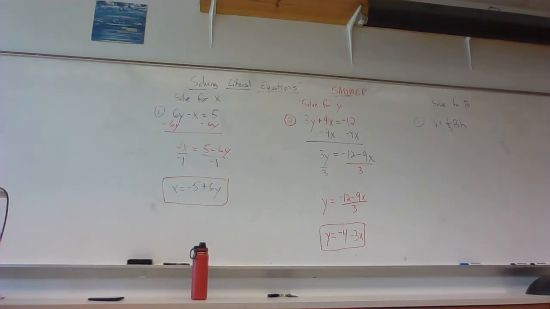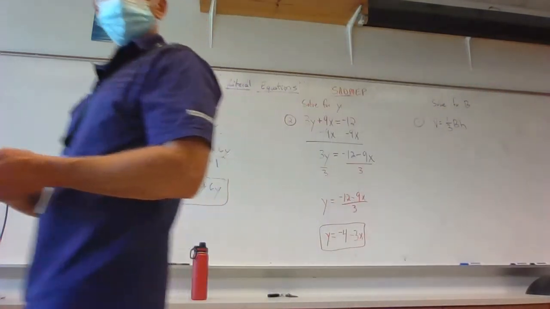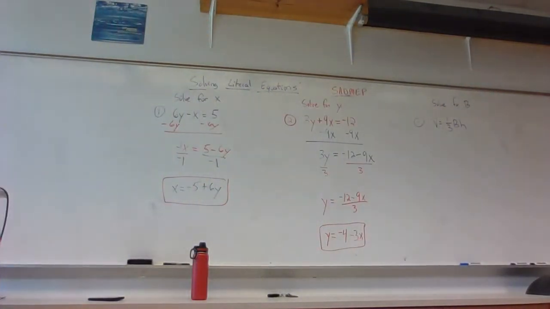So now, if we're solving for b, we want this by itself. We need to get rid of the fraction, and we need to get rid of the h. What do you want to do first? Go ahead, Sebastian. Everyone else is scared of fractions.